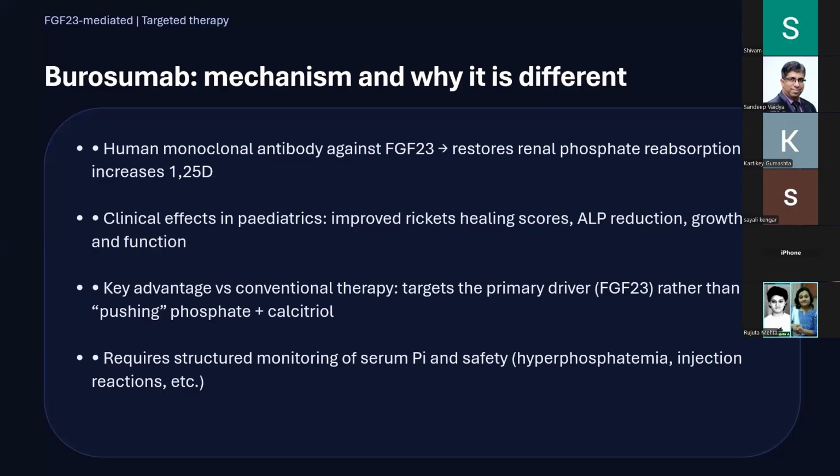And the key advantage versus conventional therapy is that it targets the primary driver rather than pushing the phosphate, and it requires structured monitoring of serum phosphorus, because hyperphosphatemia can also occur.